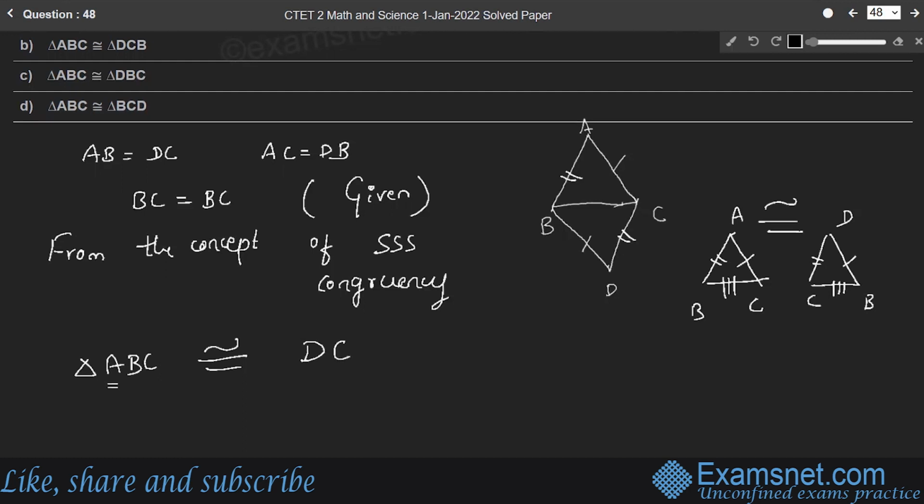Here AB is equal to DC, so the letter D should come first, then C. Then the side BC is equal to CB, both are the same. And the side AC is equal to DB. Hence, option B is the right answer.